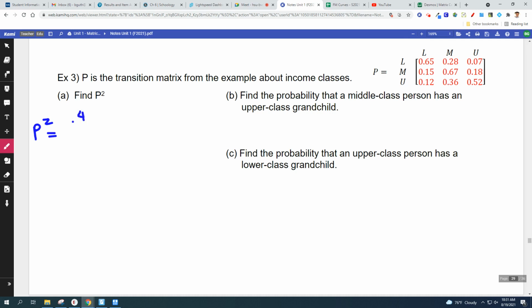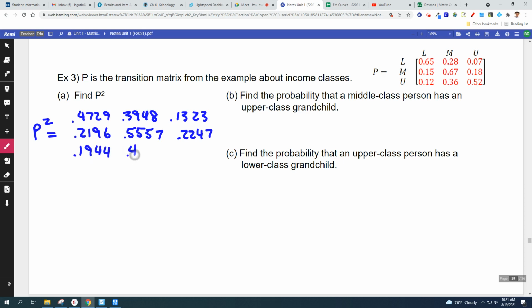So we have 0.4729, 0.3948, 0.1323, So that's our squared matrix. And that's going to tell us the transitions over 2 generations.